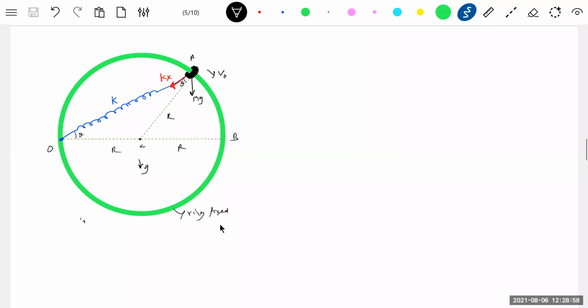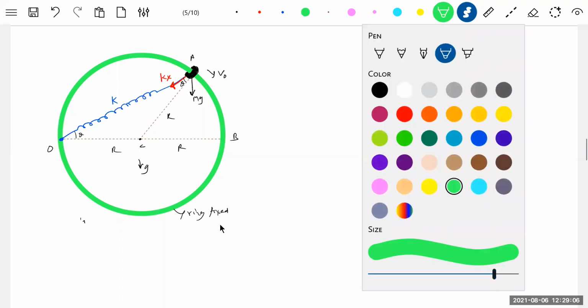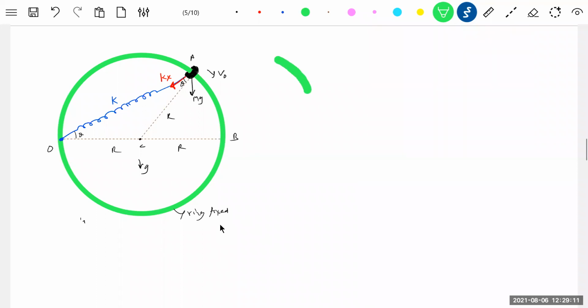So therefore, if you look at the bead, if this is the ring, we have to learn how the forces are acting here. Okay, there's a part of the ring, and this is our bead, no?